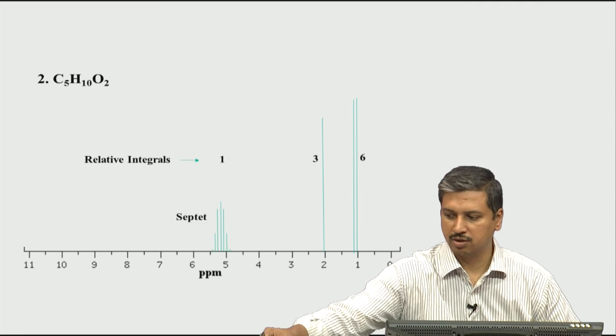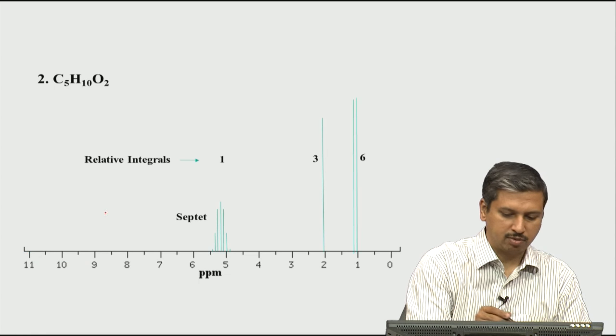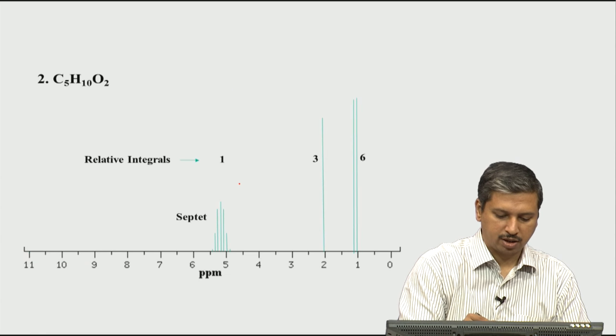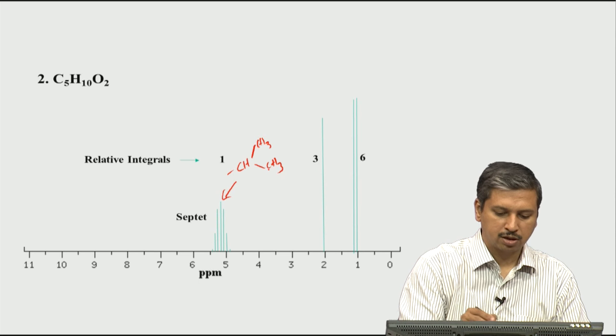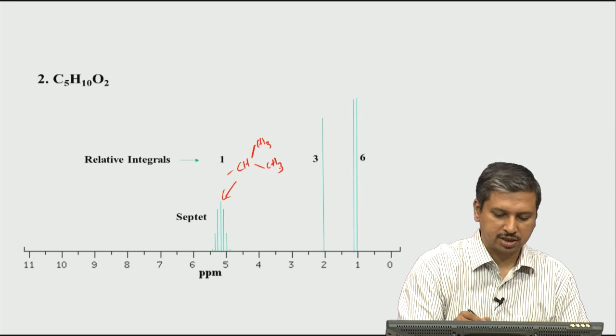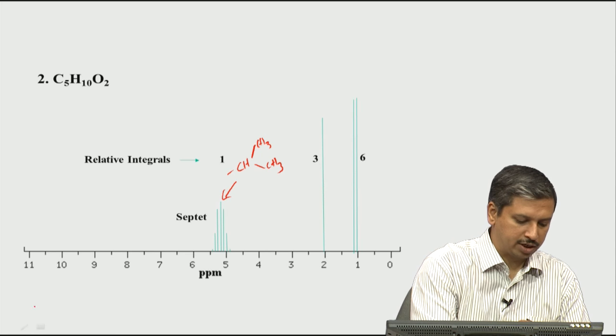So, we have a spin system where this particular peak probably comes from a CH, which is 1 hydrogen coupled to 2 CH3s. Only then, 3 plus 3 is 6, plus 1 is 7, you expect 7 peaks. So, basically this is an isopropyl moiety.